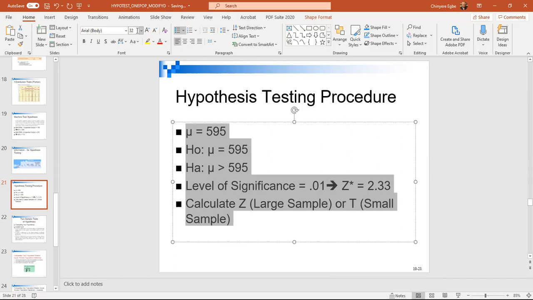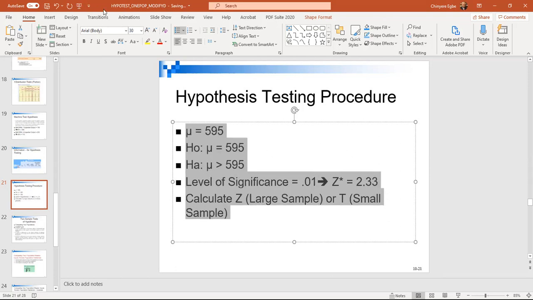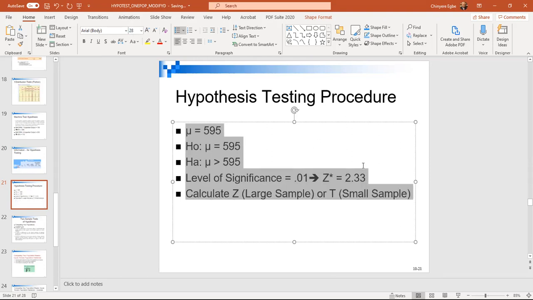So don't claim that it didn't give you a Z or that they gave you a T and therefore you cannot do the problem. What it does there is that it uses some standardized symbol, and so you calculate the Z for this problem.